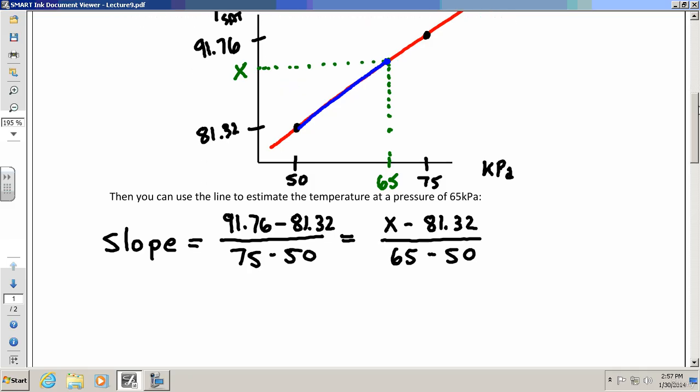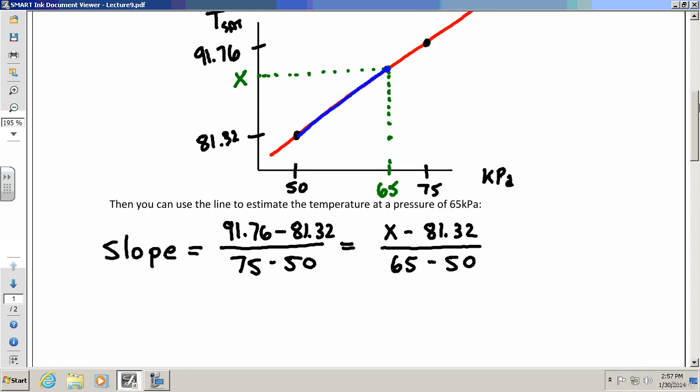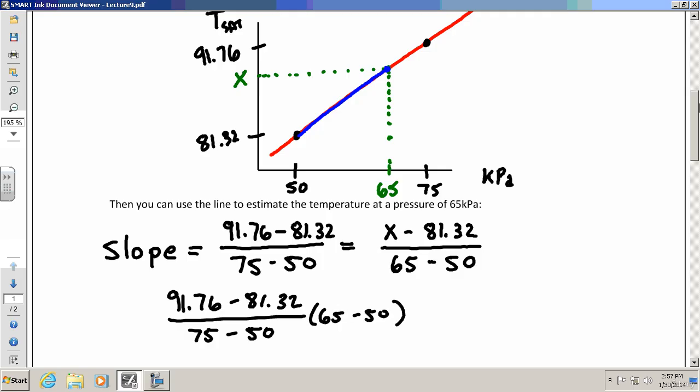Now, once you recognize the two slopes are the same, you can simply solve for x by doing some algebra. Right? It's not that hard. You just write this out. You say, okay, 91.76 minus 81.32 divided by 75 minus 50 multiplied by 65 minus 50. You're going to add 81.32 if you figure it out, equals x.